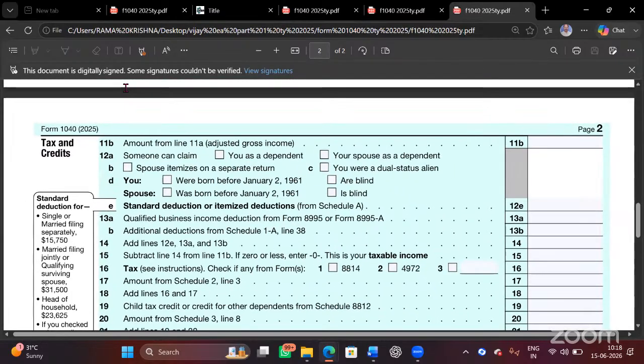You can see here on the left side, tax and credits. These taxes and credits you can understand by studying a separate schedule. That is schedule number 3.